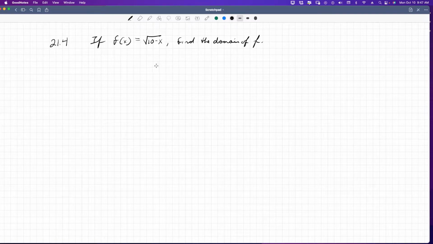All right. So what is the one thing that a domain cannot have? Remember that the domain is the number line, and the number line includes all of the real numbers that are negative, 0, and that are positive, right? It's all of those.